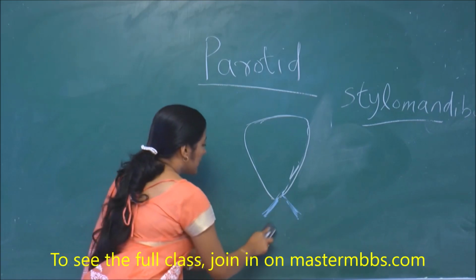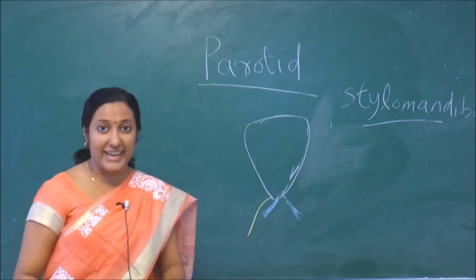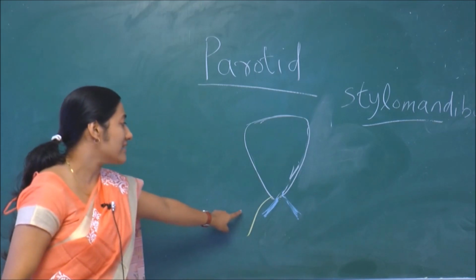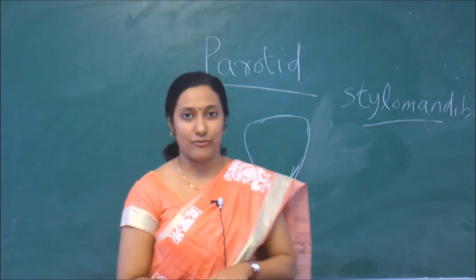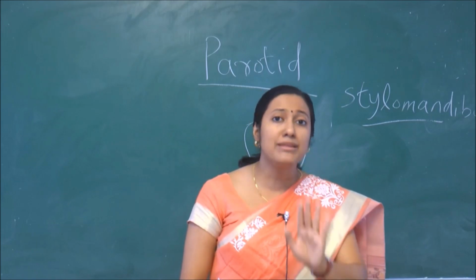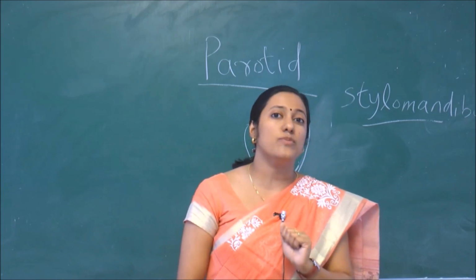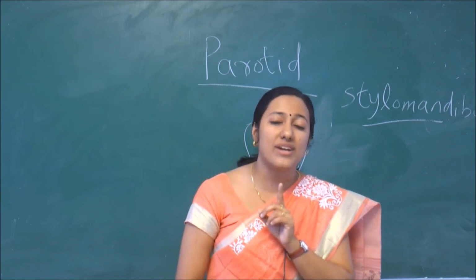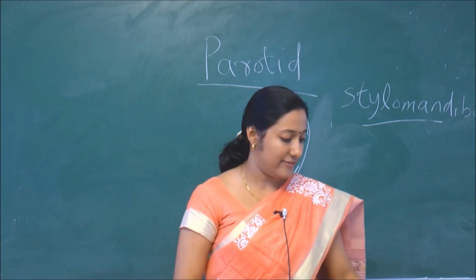So there are 2 divisions of the retromandibular vein, and a nerve known as the cervical branch of the facial nerve. For the time being, just remember this, I will explain the details. So from the apex, 2 structures: the 2 divisions of the retromandibular vein, and the cervical branch of the facial nerve.